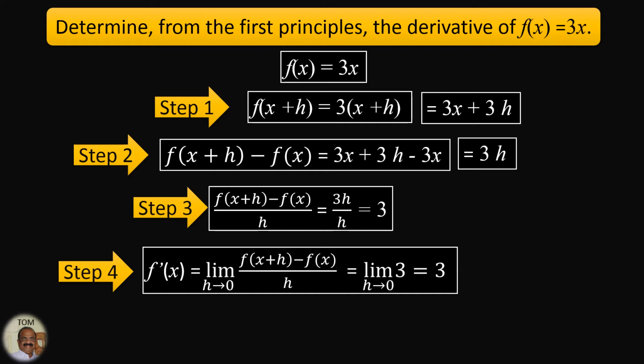Limit of 3 when h approaches 0 is 3. So that is the method of finding the derivative using first principles. We have to write all these steps, and it's a sure question of 5 marks.